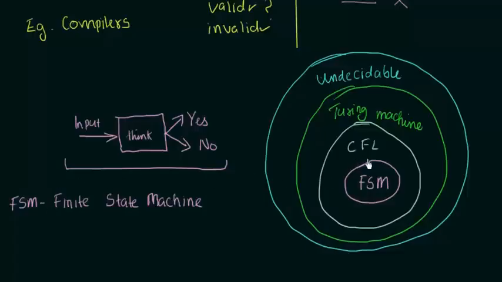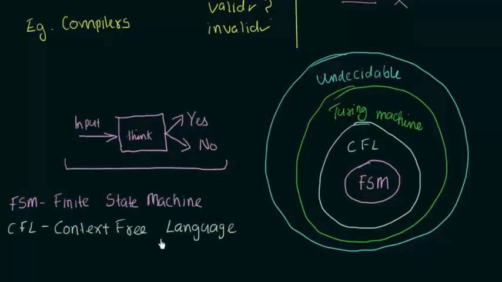And the next layer we have is CFL. CFL stands for Context Free Language. CFL is a little more powerful than FSM, and it can perform some higher level computations as compared to finite state machines.